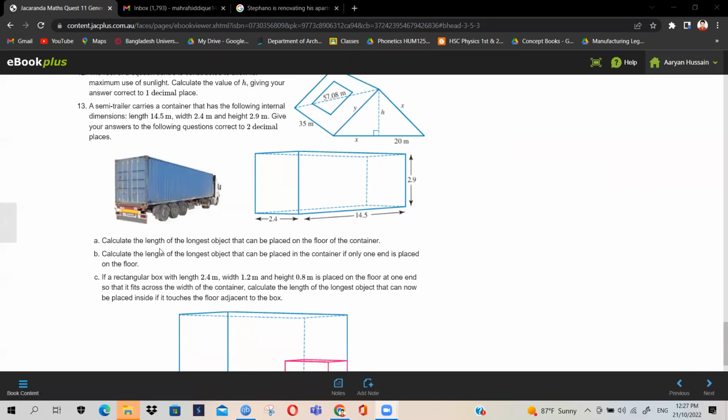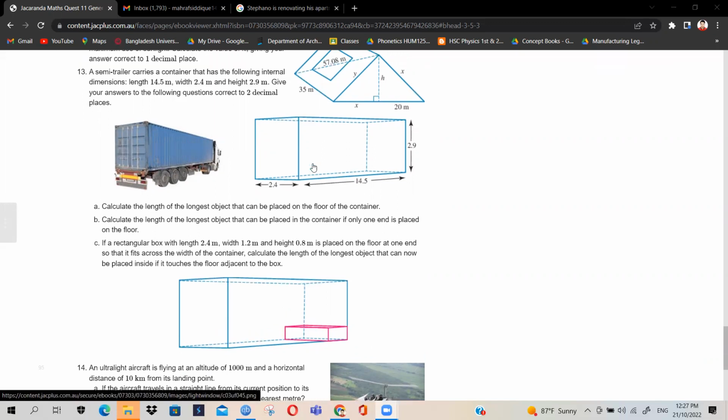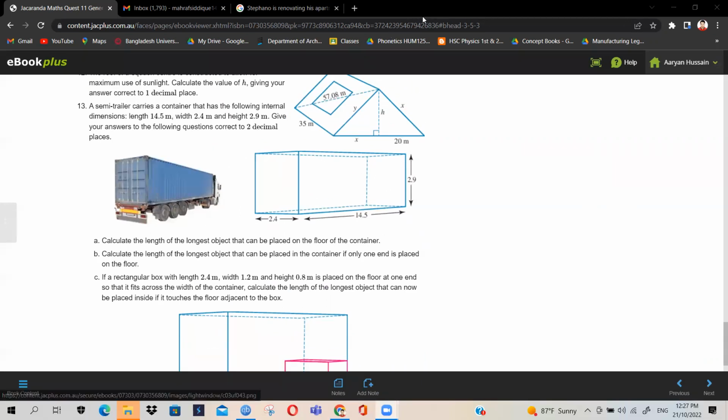And the next one: calculate the length of the longest object that can be placed in the container if only one end is placed on the floor.